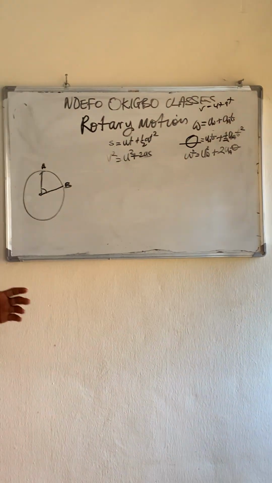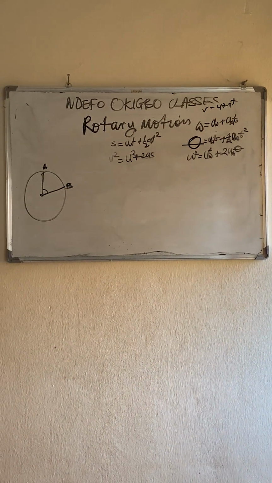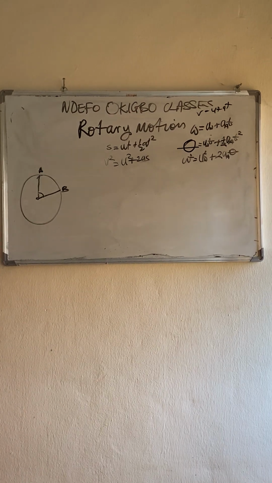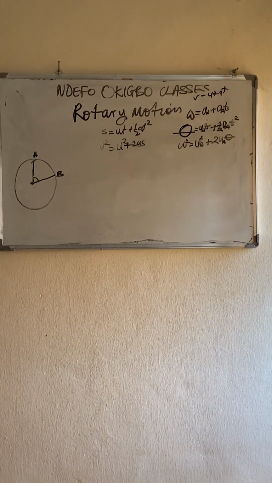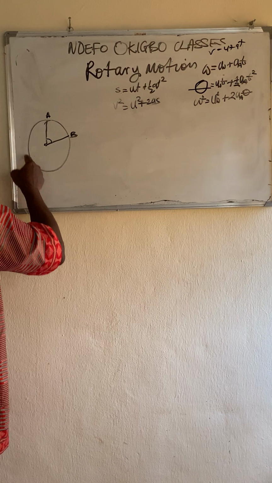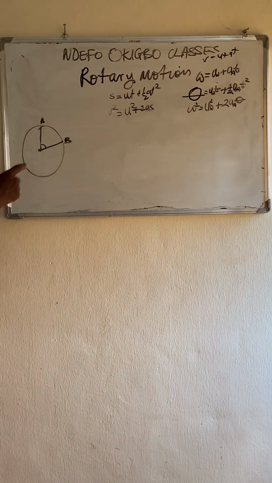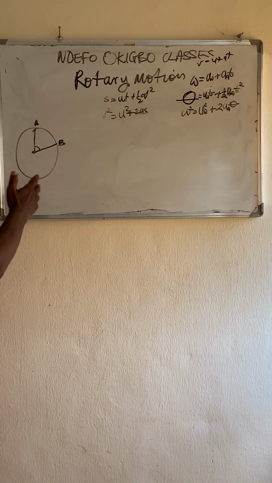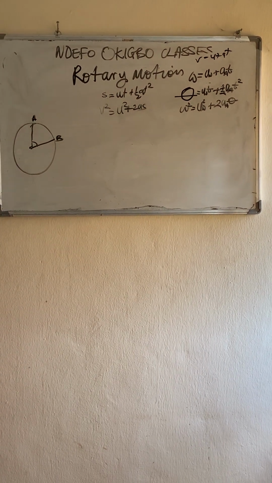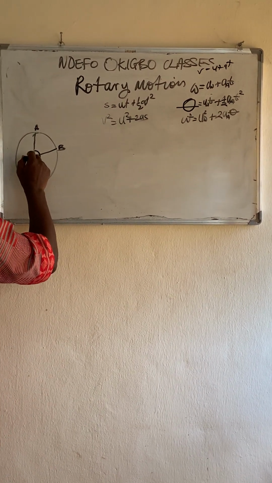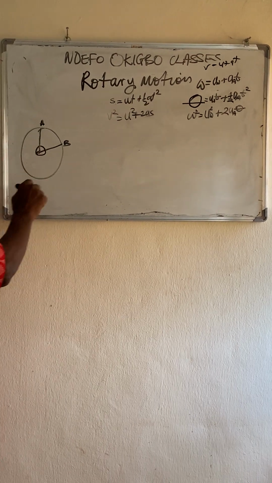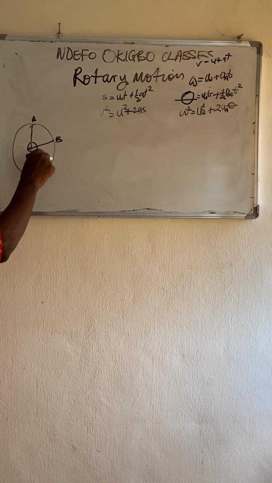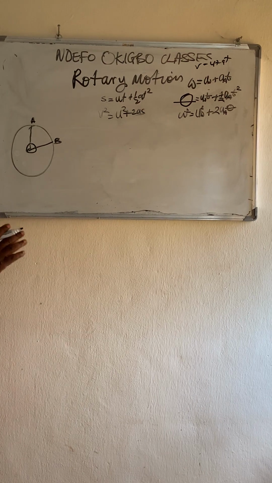So in angular motion, which we measure in radian, how do we get the radian? We know that if we move around a circle, angularly we have covered 360 degrees. If we finish one complete move around the circle, we have covered 360 degrees.